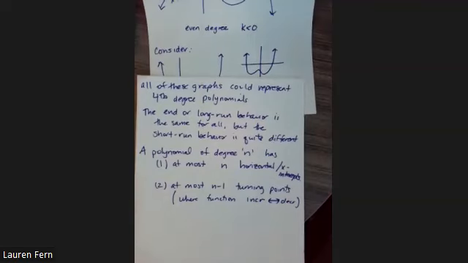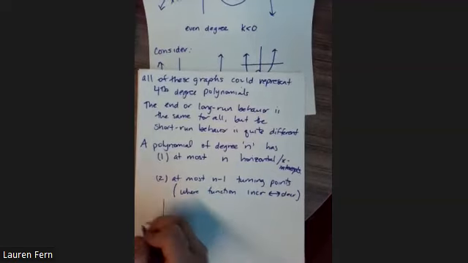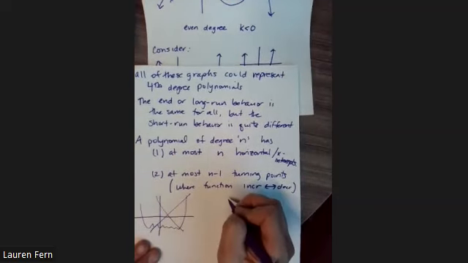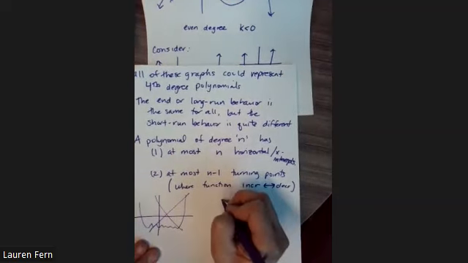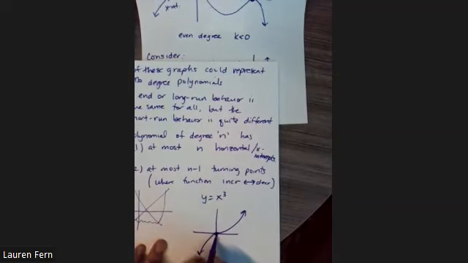Now, this is really, really powerful. What it says is that when we're dealing with polynomials, you're not going to have really funky stuff like this. It's not going to increase, decrease, increase, decrease. That's just not what happens. Now, one in particular that I want to point out, we've graphed many times, is y equals x cubed. This is a degree 3 polynomial. But notice we have only one intercept.